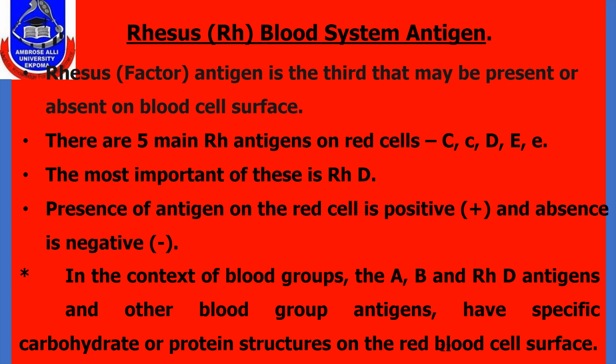We have them as the capital C, small letter c, capital D, capital E, and small letter e. But of all these, the most important is the Rhesus factor D. Now, it is the presence or absence of this Rhesus factor D that determines whether a blood is referred to as positive or negative.